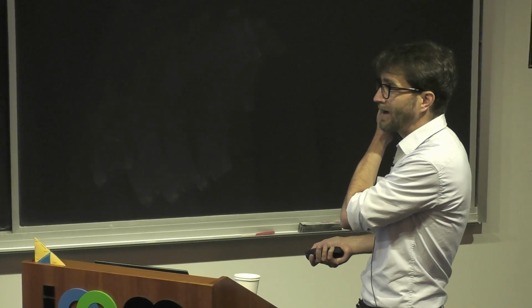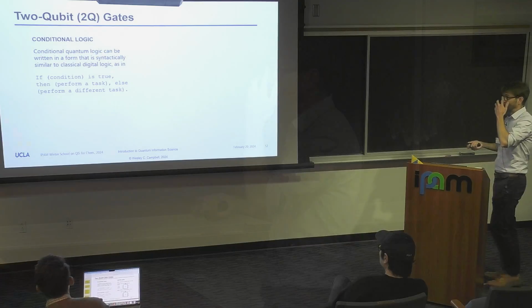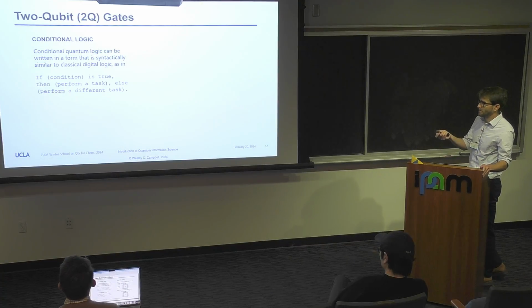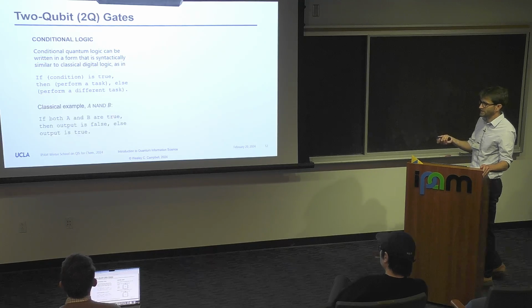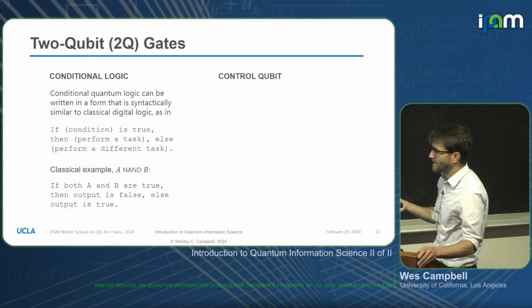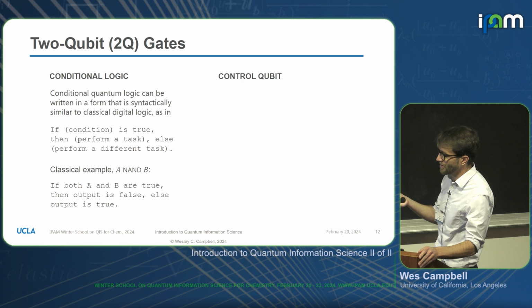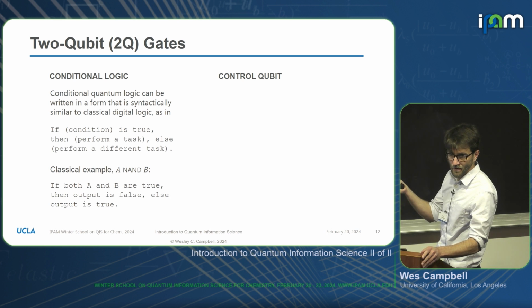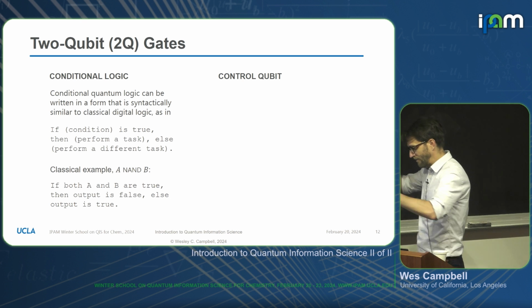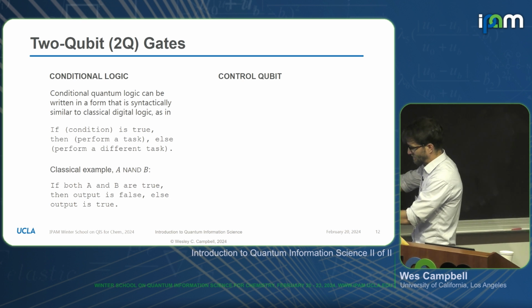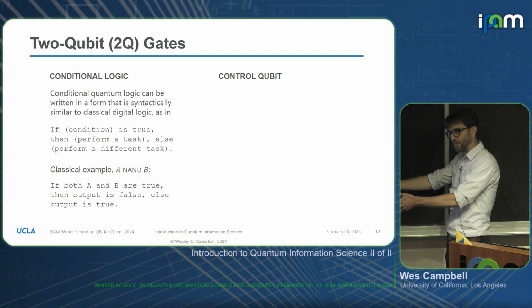So if you think about classical logic, we might write something like, if some condition is true, then perform a task, or else do something else. Okay, and for A NAND B, it would look like this. For quantum logic, what we're going to do is we can define what happens to the target qubit based on the control qubit. Okay, so I'm saying if the control qubit is in the 1 state, do this to qubit number 2.